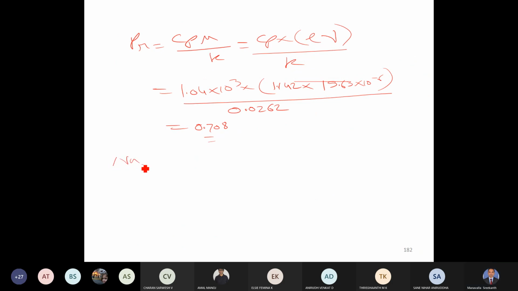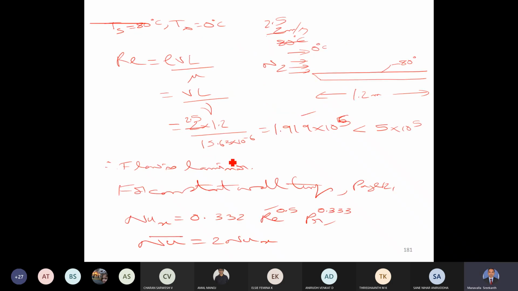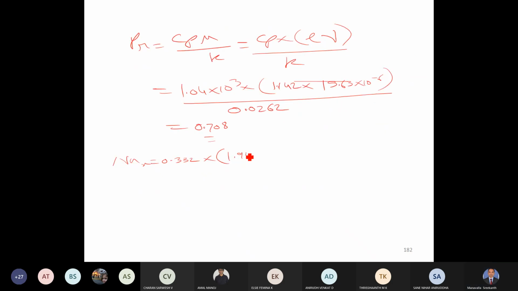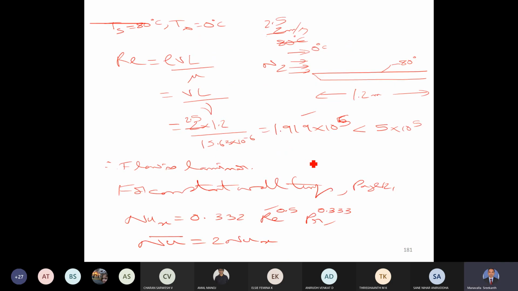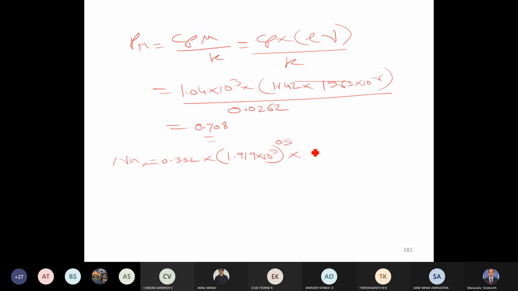So local Nusselt number is 0.332 multiplied by Reynolds number, 1.919 multiplied by 10 power 5, raised to power 0.5, multiplied by Prandtl number, here 0.708, raised to 0.333. See, 0.333 is nothing but 1 by 3.